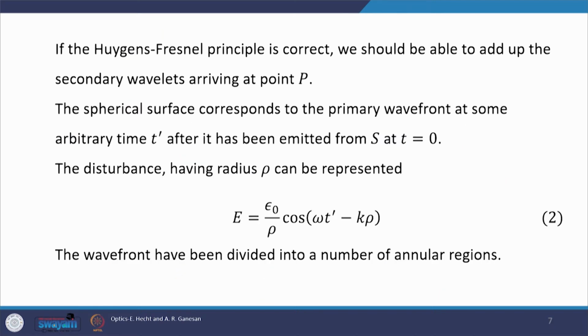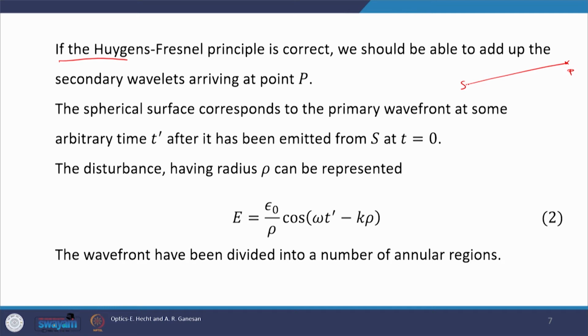Now, we will consider wave propagation in free space. Okay. If the Huygens-Fresnel principle is correct, we should be able to add up the secondary wavelets arriving at point P. We have a source here, and from this source a wave is being emitted, and at the point of observation P it is being observed.